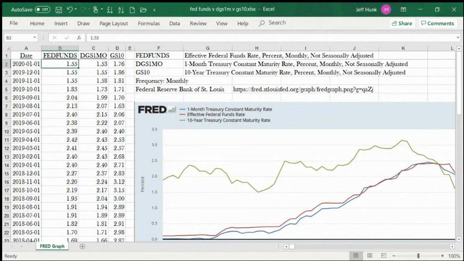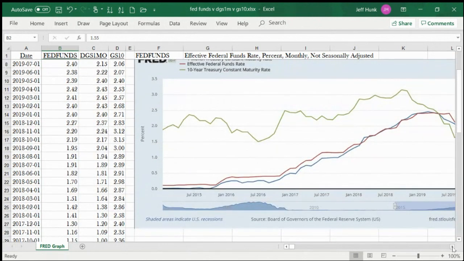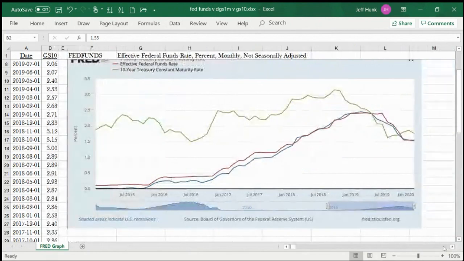So monthly data, and I've tracked these three interest rates, and this was before the pandemic. So the economy was on a normal pattern.